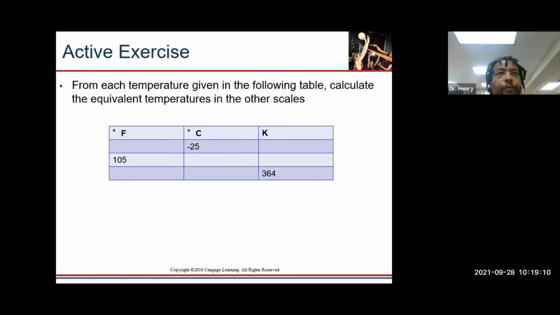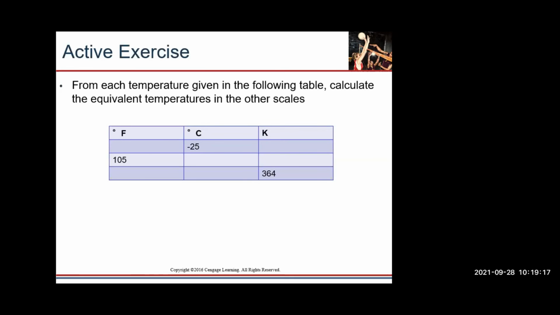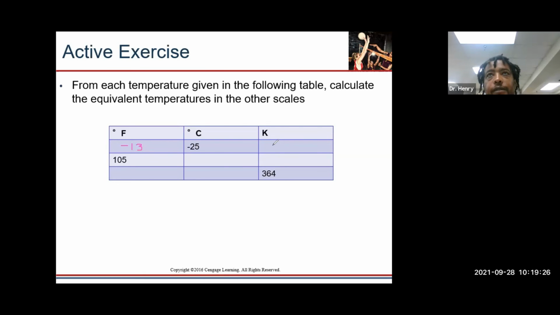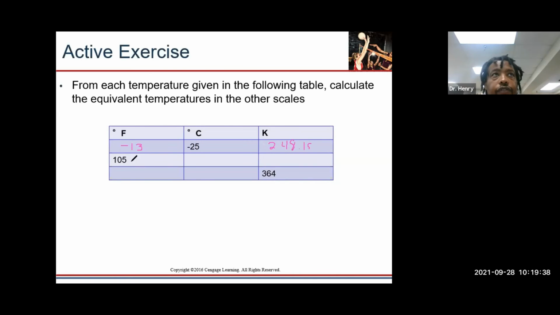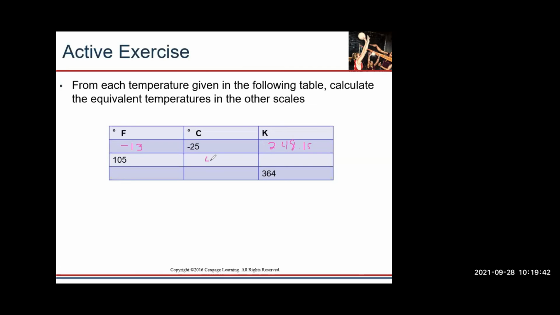So what did you guys get for the first one in Fahrenheit? Negative 13. Kelvin? 248.15. Okay, the second one in Celsius. Because we round up, it would be 41.